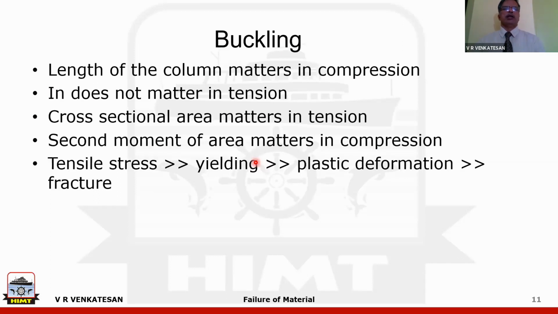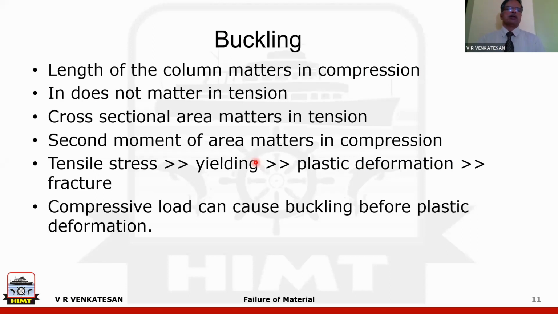So if you look at the way tensile stress leads to failure, it is like this. Tensile stress increases, it will lead to a yielding level, then it goes to plastic deformation, and then it causes a fracture. But in the case of compressive load, it can cause buckling even before plastic deformation takes place.